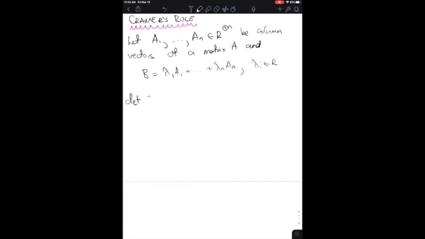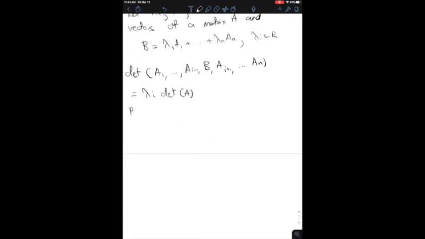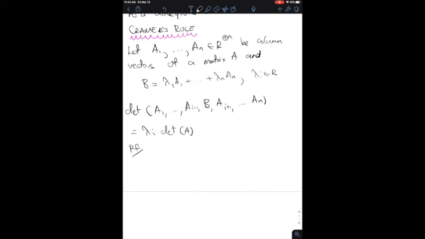It tells you that the determinant of the matrix obtained by replacing the ith column by the linear combination is just lambda i times the determinant of the matrix A. This is a direct consequence of the fact that the determinant provides a multilinear alternating mapping on the columns of a matrix.